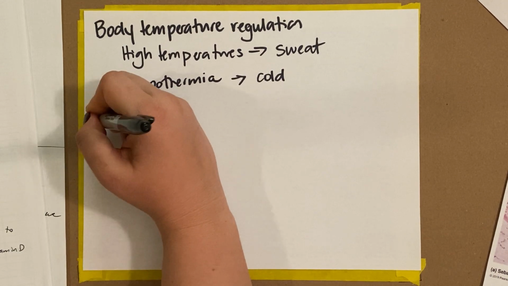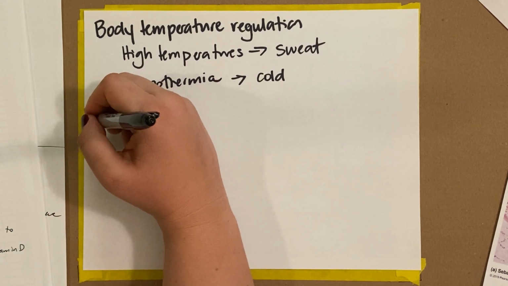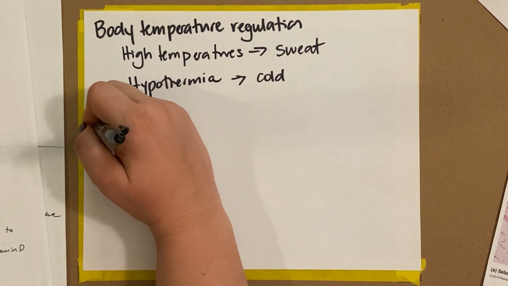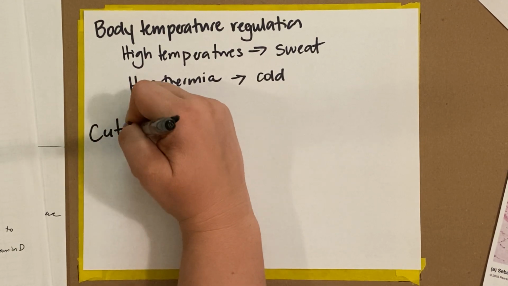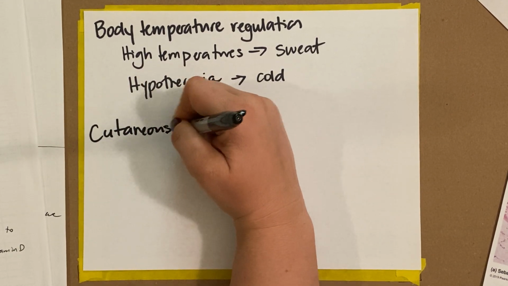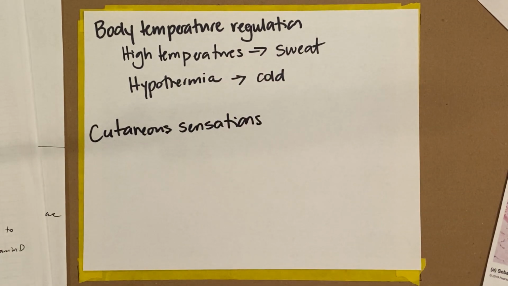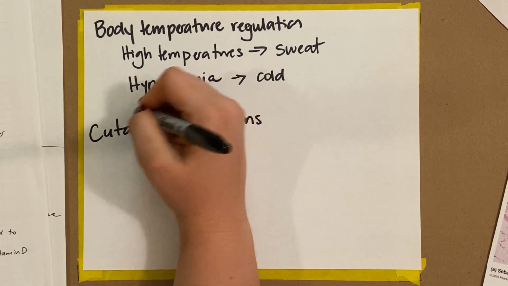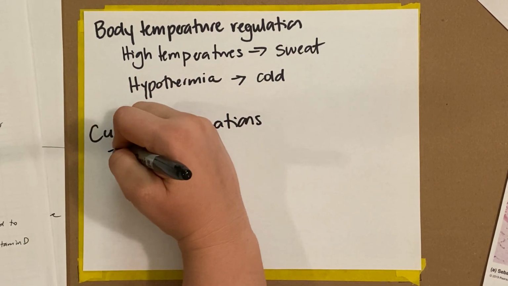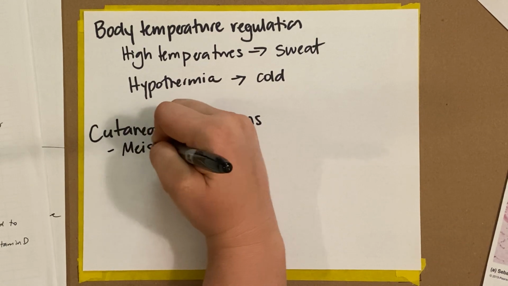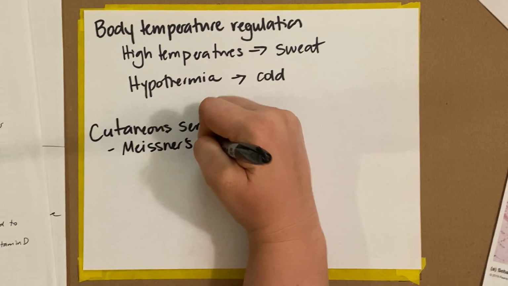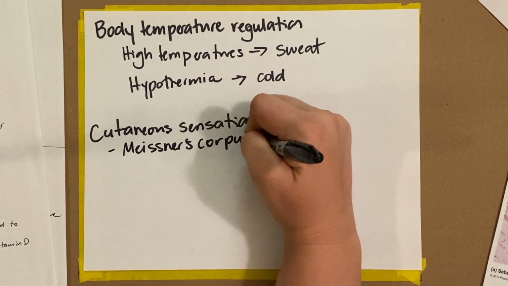All right, on top of body temperature, we're going to have cutaneous sensations, which basically just means that we are able to feel things, pain and things like that. So we have different types of corpuscles. We have Meissner's corpuscles.